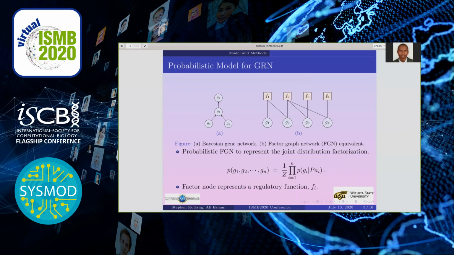In doing this, the factor nodes represent the regulatory functions of a gene. These functions denote the belief that the gene takes a certain state with respect to an assignment from its parents. For instance, F1 is the regulatory function over gene G1 and is controlled by gene G2.